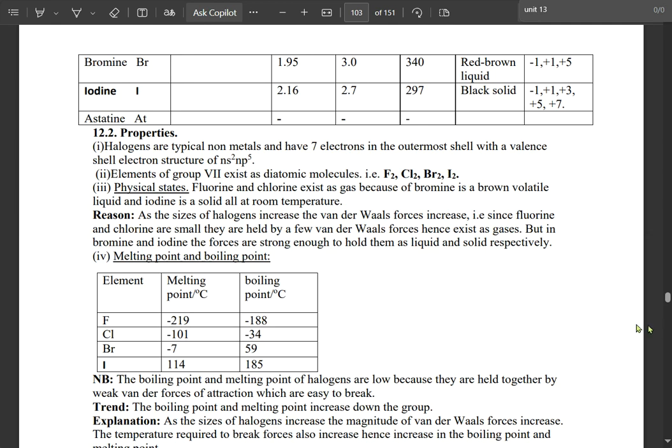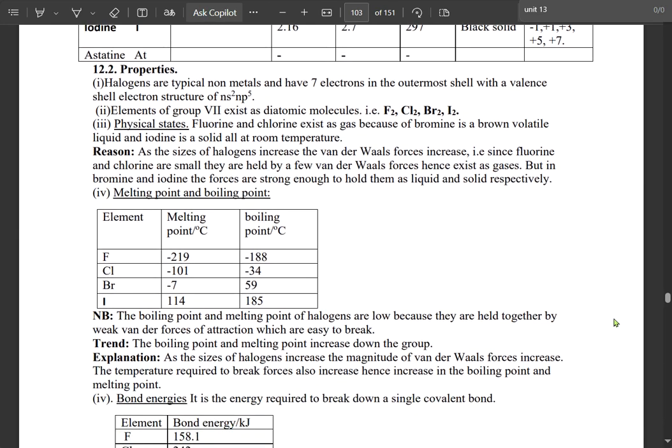There are also different trends that exist in these group 17 elements. We've seen that they have boiling points and melting points, which decrease up the group, and increase down the group.